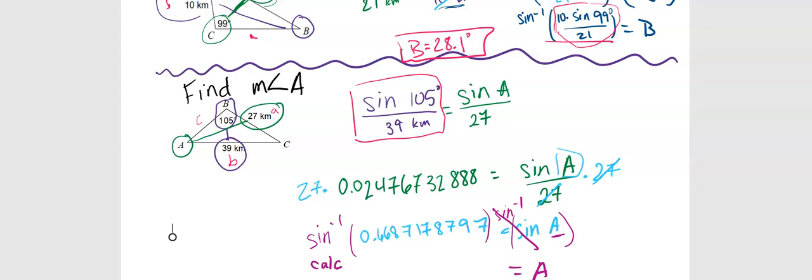When you type it into your calculator, you can do second sine, and then do second answer. When you type it into your calculator, this is probably the easiest way of doing it.